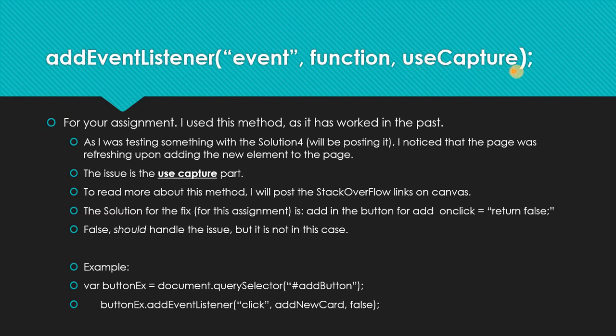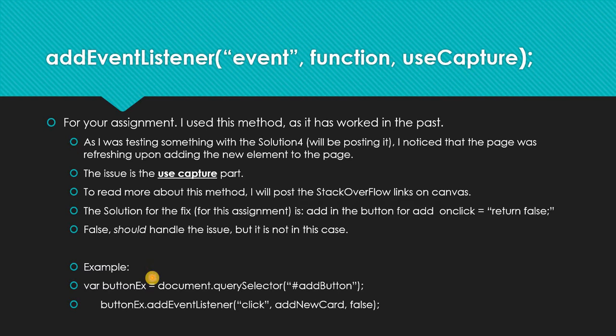And then use capture, I've always left it to false, but what I'm finding is that the false is not quite working the way I thought it should in this case, but I put false there.